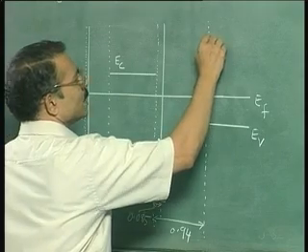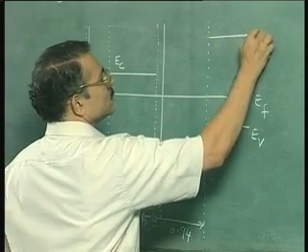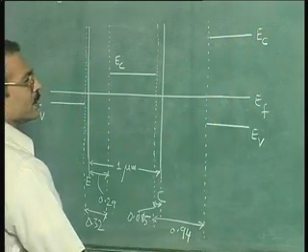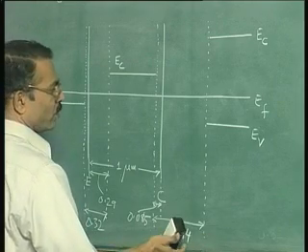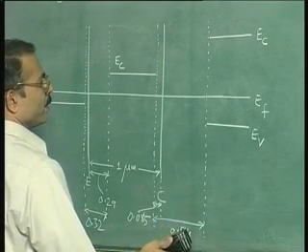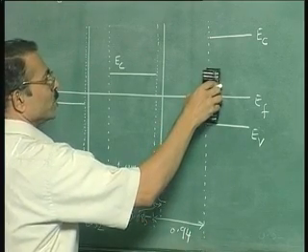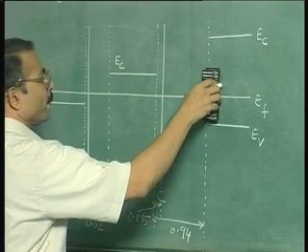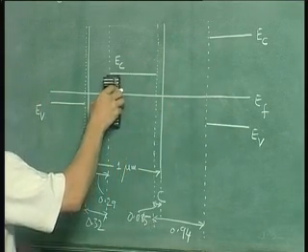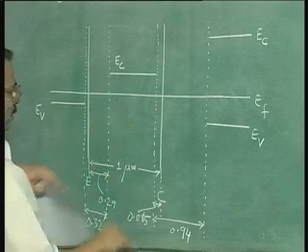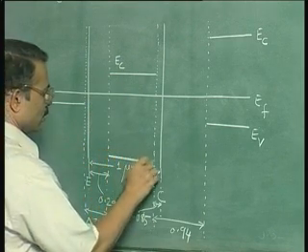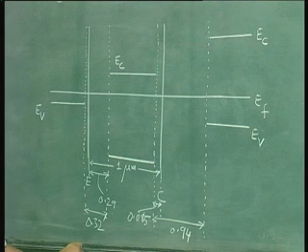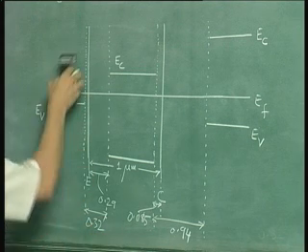So let us say this is the conduction band edge in the collector, and following this we can show the valence band edge in the base somewhere here, and then similarly the conduction band edge here.